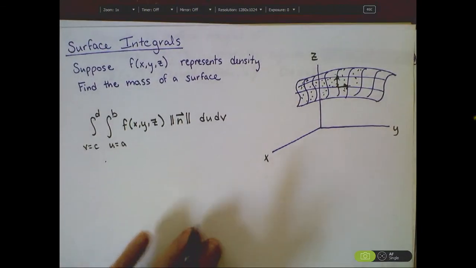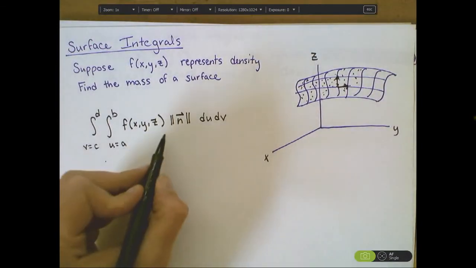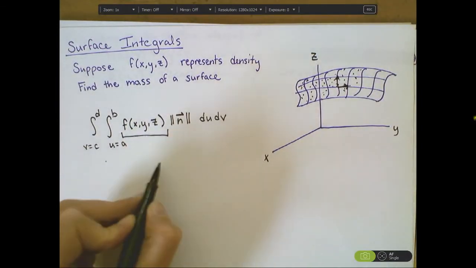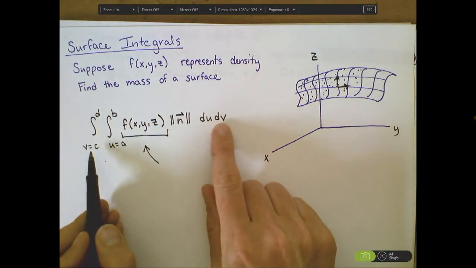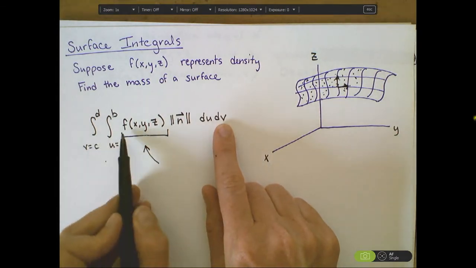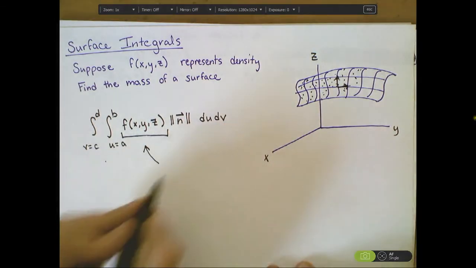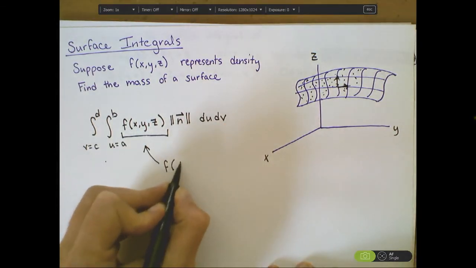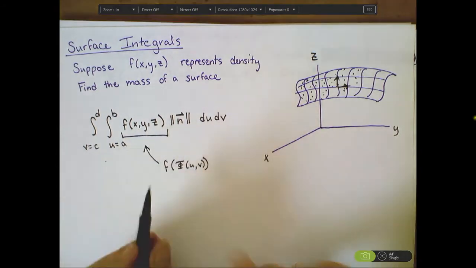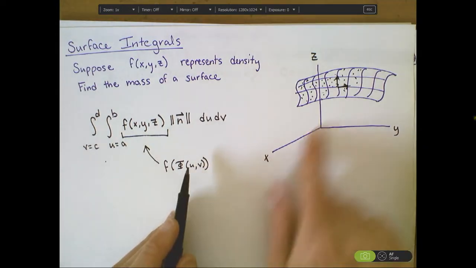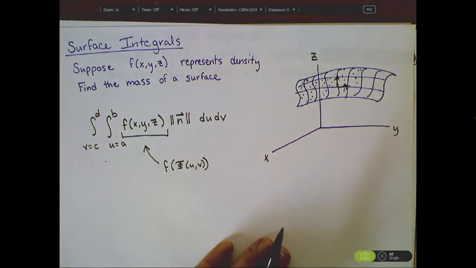Let's see an example, because maybe the one step that's suppressed is the fact that this integral is in terms of u's and v's, and this f is in terms of x, y's, and z's. So we're going to have to plug in our parameterization to get rid of the x, y's, and z's and turn them into u and v's, depending upon how we parameterize this surface.